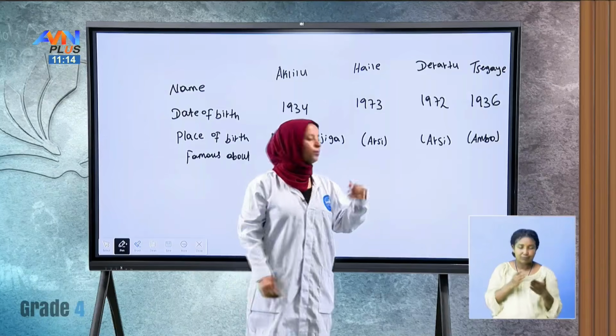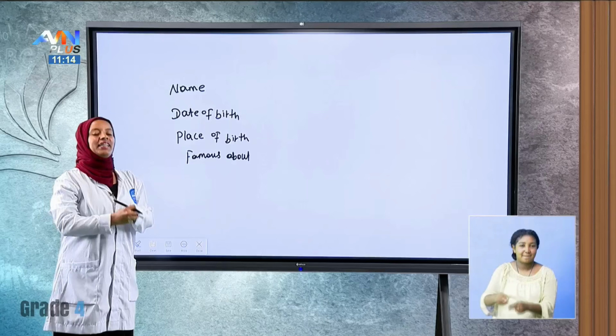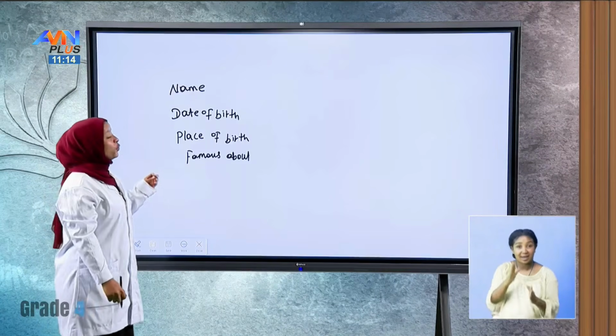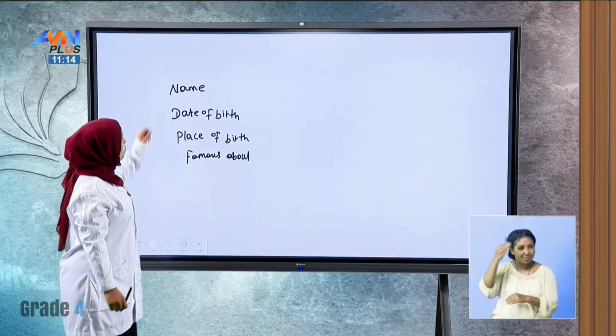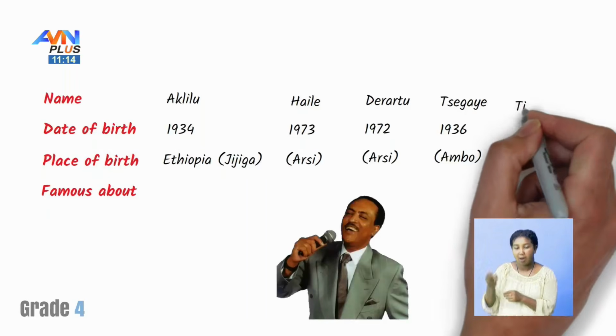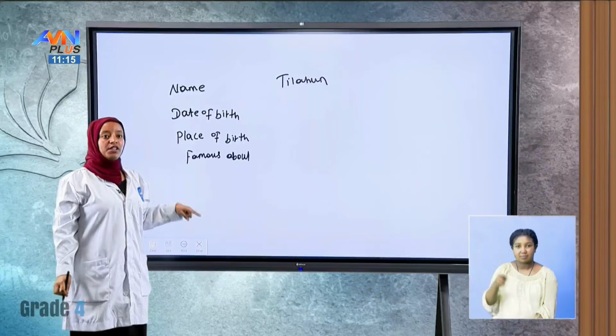Let us continue together. The next Ethiopian famous person is Tilahun Gessese. He is a singer and also he is very famous. Tilahun Gessese, date of birth, 1940.